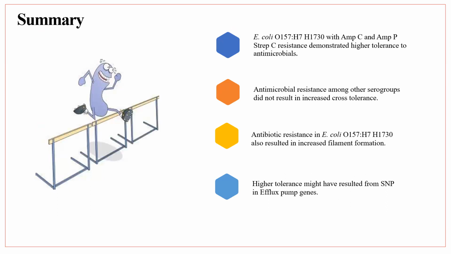And so we came to a general conclusion that O157:H7 H1730 with resistance to ampicillin and streptomycin demonstrated higher tolerance to antimicrobials. We didn't see a significant difference for other serogroups, so we cannot conclude that there was increased cross-tolerance in other serogroups.